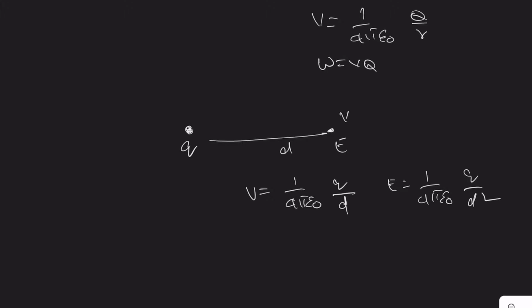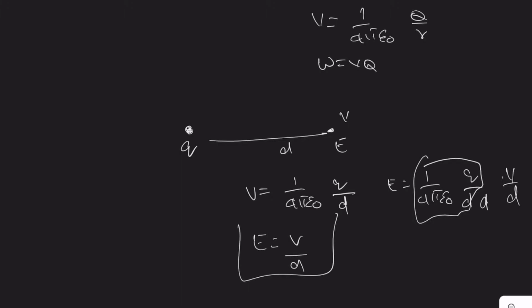So d square is nothing but d into d. Say 1 by 4 pi epsilon naught q by d, instead of this one I take V here, so V by d.